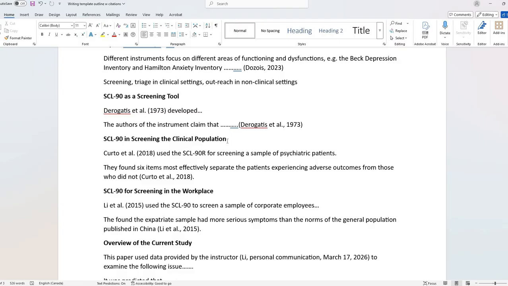For screening in the clinical population, you need to refer to the Curto article. Curto, this is an Italian author. She used the SCL-90, the revised version of SCL-90, to screen patients in a psychiatric hospital or clinic.